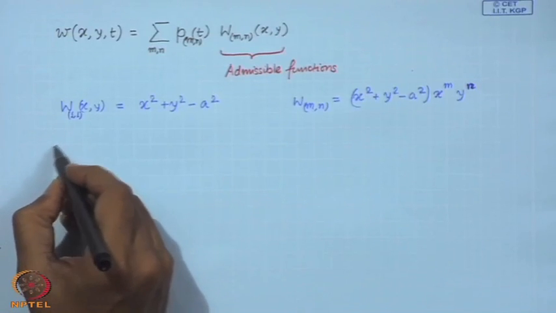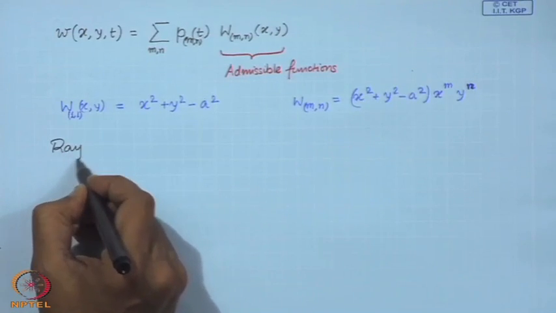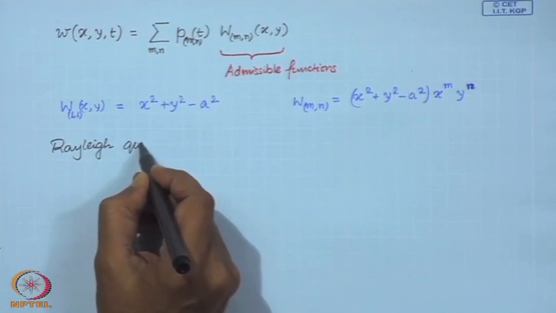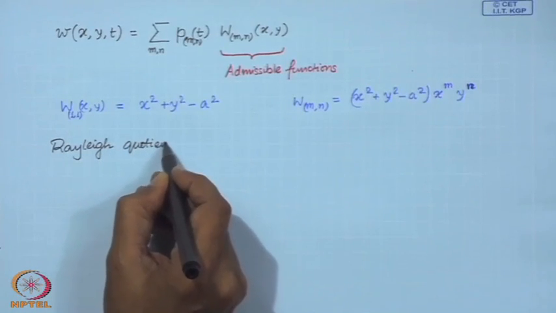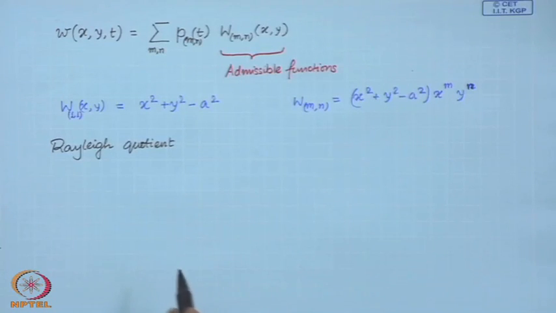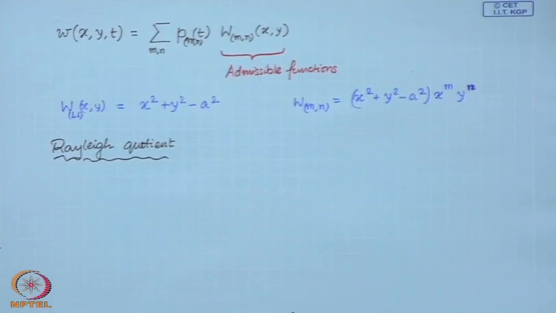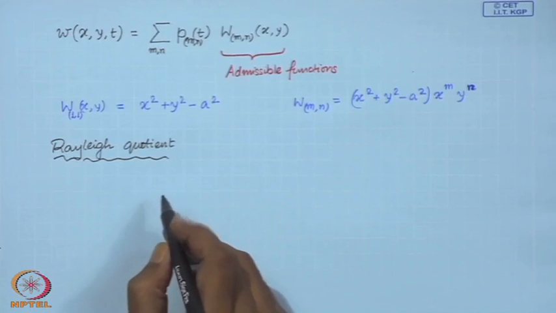So, we are going to determine the fundamental frequency of the square plate which is supported on this circular boundary.